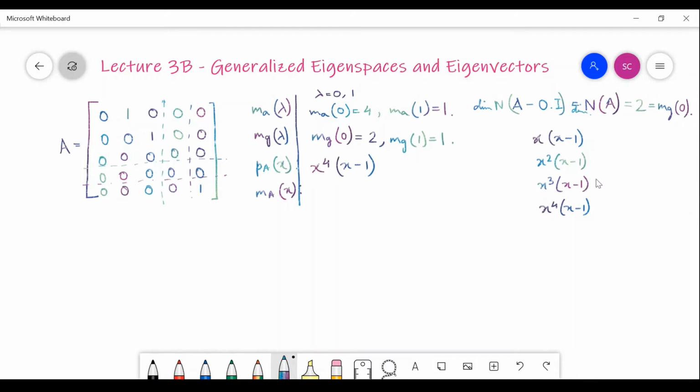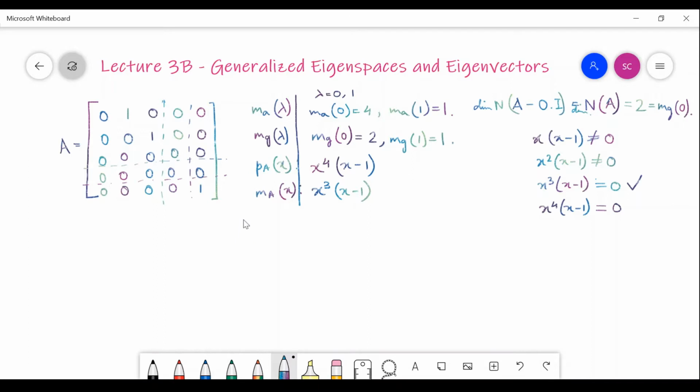You will see that this becomes 0 and the lower powers are not equal to 0. I will not do this simple algebraic thing. You can do this and verify that this will become 0. Of course the higher power is also 0, but since this is the least order polynomial, my minimal polynomial will be this one.